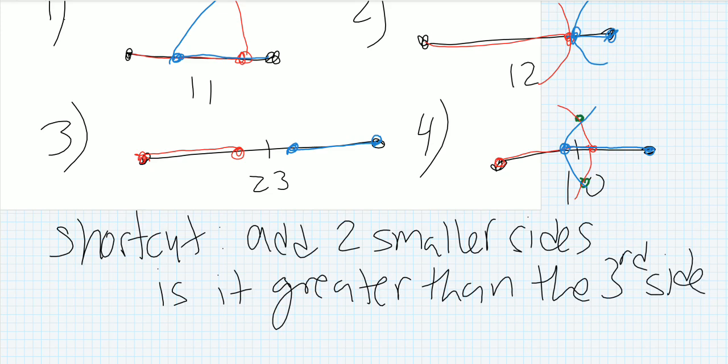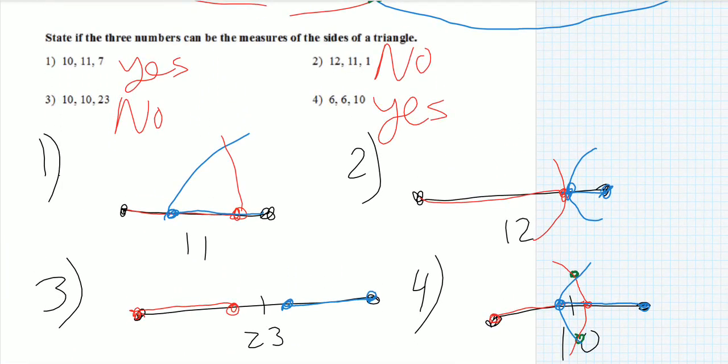So let's go to these and do that little trick. 10, 11, 7. The 2 smaller sides are 10 and 7. 10 plus 7 is 17. Is that greater than 11? Yes, it is. For number 2, 11 and 1. If I add those 2, is it greater than 12?